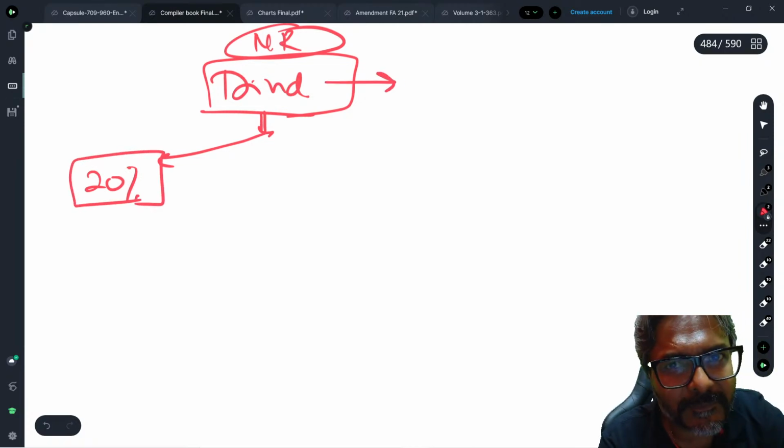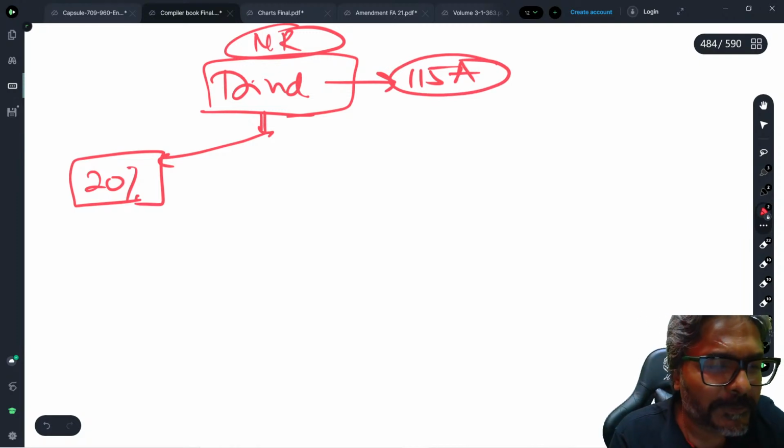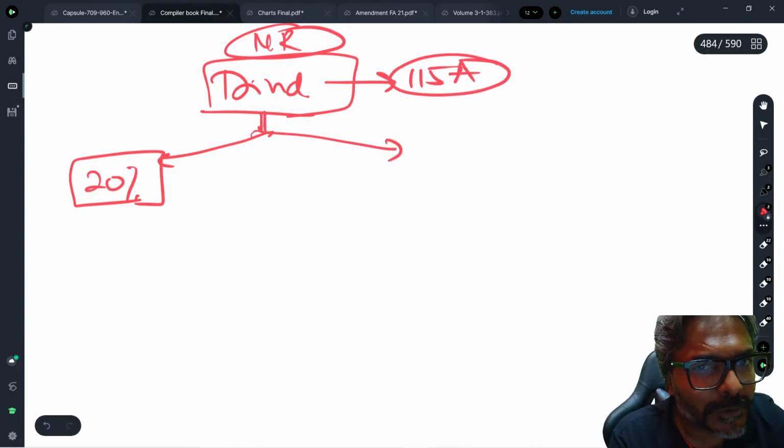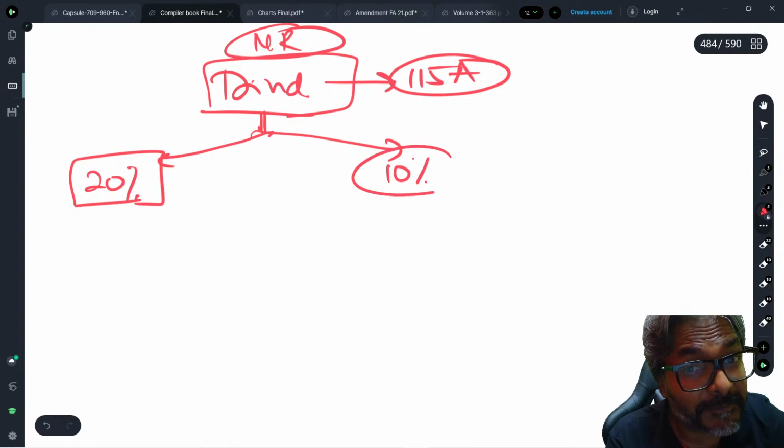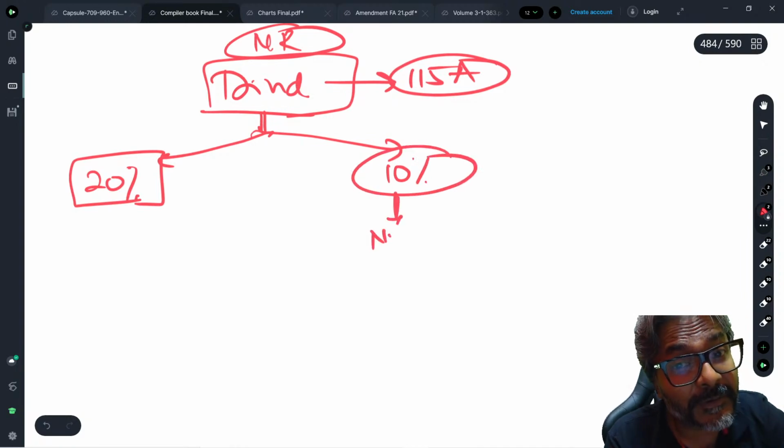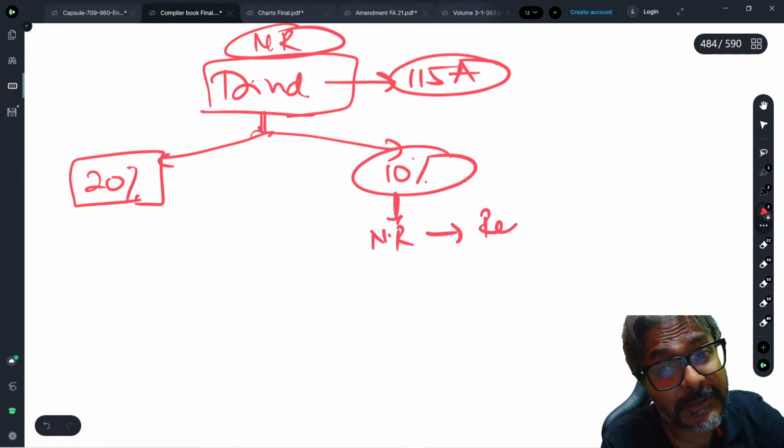The dividend income, 115A is the rate. Dividend is 115A, 20%. Now, apart from that, students, you also are aware that there is a 10% if what? If the non-resident has received the dividend.